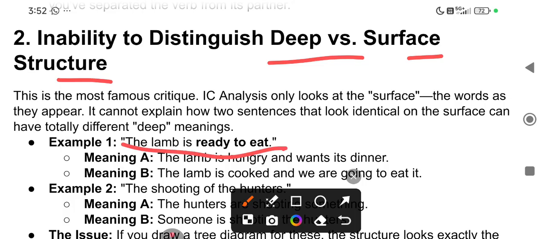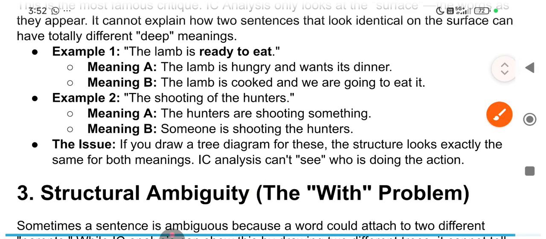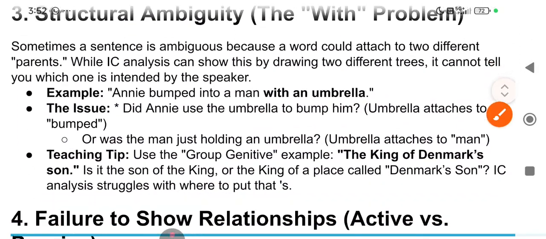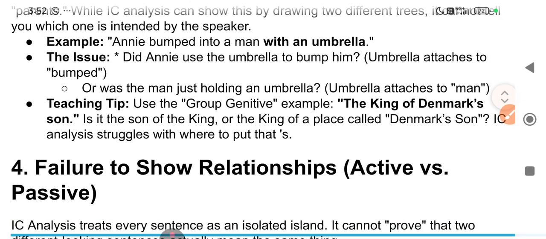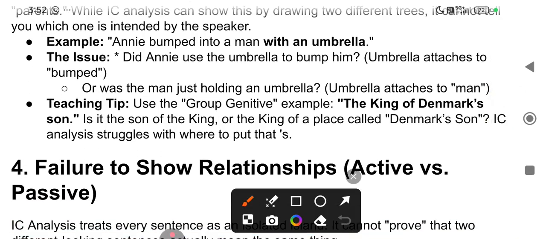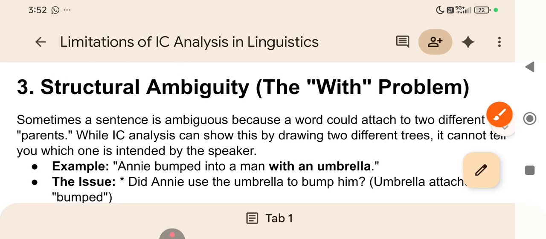"The lamb is ready to eat," "chicken is ready to eat." Then structural ambiguity, we have seen "I have seen a lady with the telescope," or "He bumped into a man with an umbrella." So this is a "with" problem actually.